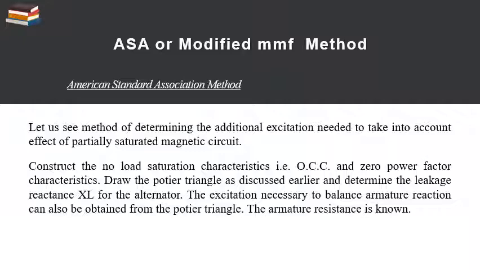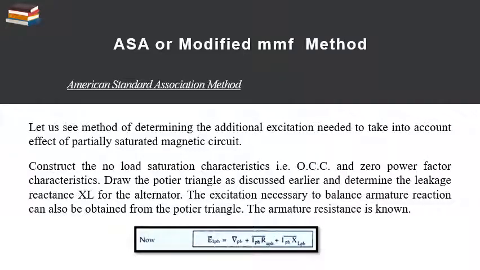The excitation necessary to balance armature reaction can also be obtained from the Potier triangle. The armature resistance is known. So E1PH is equal to VPH plus IPH into RAPH plus IPH into XLPH.